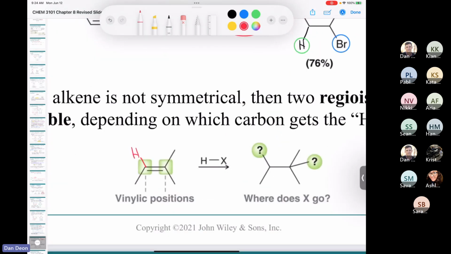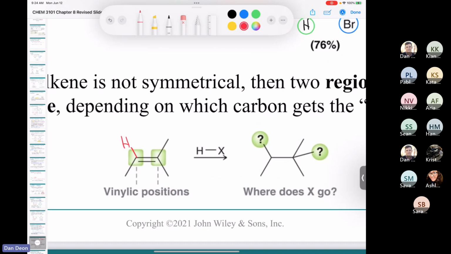So if you have an asymmetrical alkene like this one, you see how this carbon that I have highlighted in red has one hydrogen on it? Everybody with me on that? The other carbon, I'll put it in blue, has no hydrogens on it. So here's the answer. Whichever carbon is richer in hydrogens is the one that takes the hydrogen.